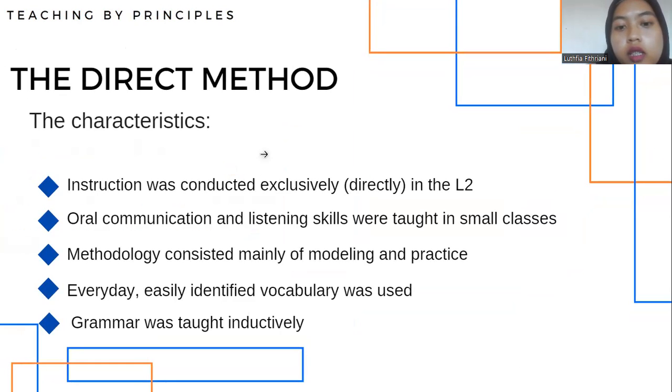Instruction was conducted exclusively in the L2. Oral communication and listening skill were taught in small classes. Methodology consisted mainly of modeling and practice. Everyday, easily identified vocab was used, and grammar was taught inductively.